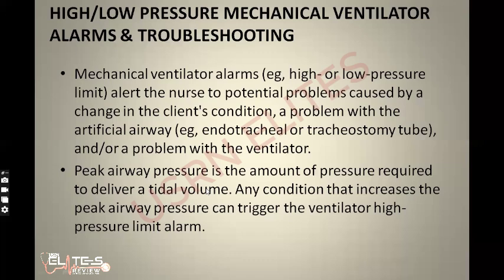It could be due to someone who has intentionally obstructed the straw, or there's something which has occluded the straw pathway so that air cannot be delivered through. So any condition that increases the peak airway pressure can trigger the ventilator high pressure limit alarm. Okay.